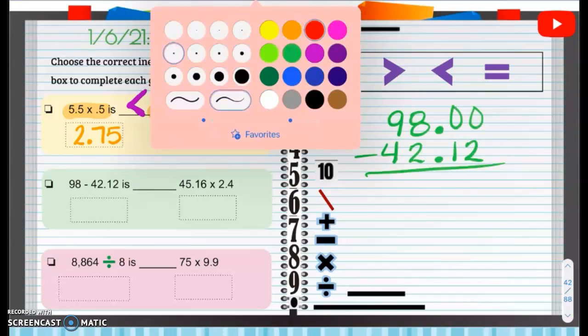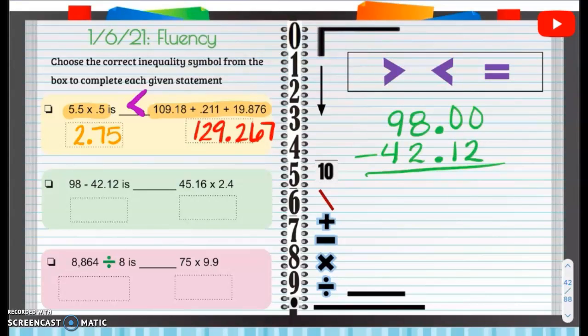Now let's subtract. 0 minus 2 you cannot do, so that 8 becomes a 7 to make this able to be a 10. Now we can borrow from this 10 to make it a 9 to make this a 10. That is why we are able to make that a 9. Now 10 minus 2 is 8. 9 minus 1 is 8.